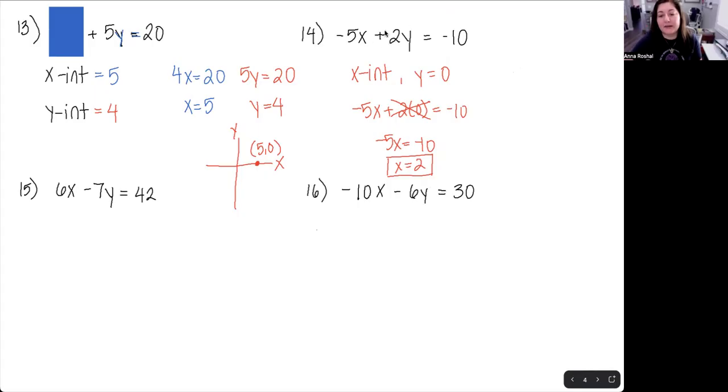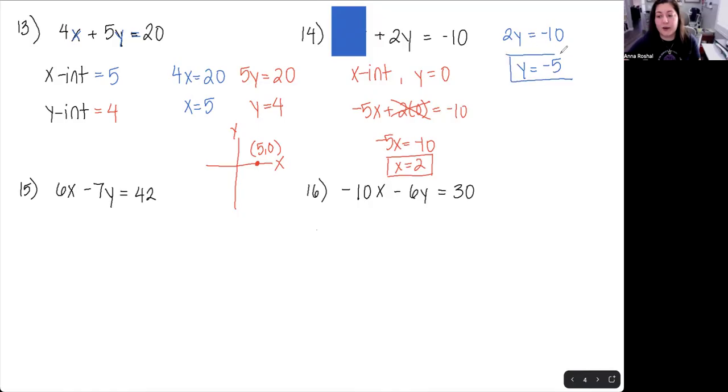I do like this whole bit of just putting my palm over the thing that I don't need, and then going in and doing the work. So 2y equals -10, divide by 2 on both sides, y is -5. So my y-intercept is that.